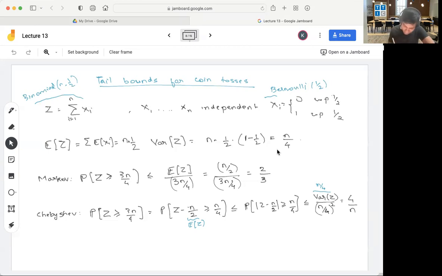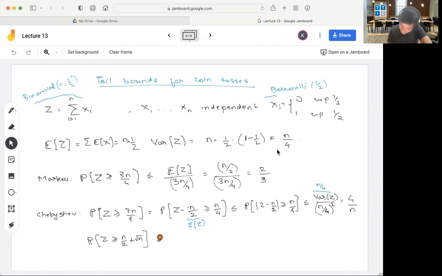So let's look at the probability that z is more than n/2, but only by a small amount, only by root n. You can check that this bound would have been very, very close to 1 if we applied just Markov. It wouldn't really have given us any interesting bound. But here we can.